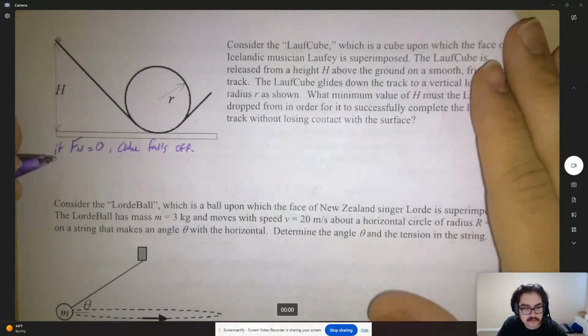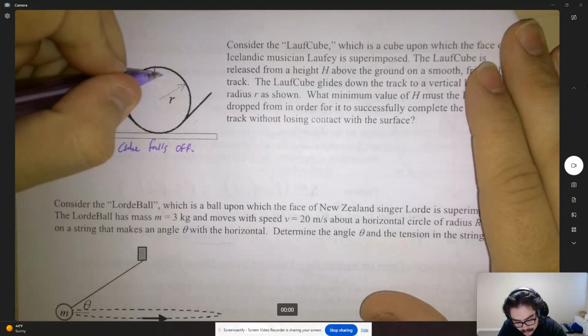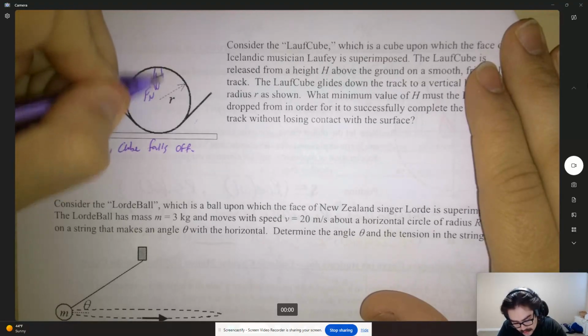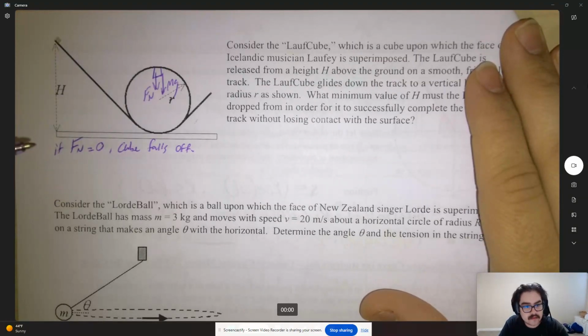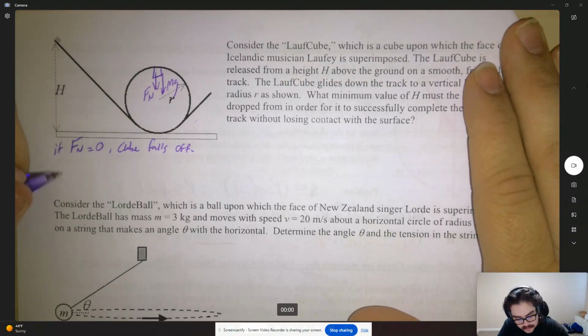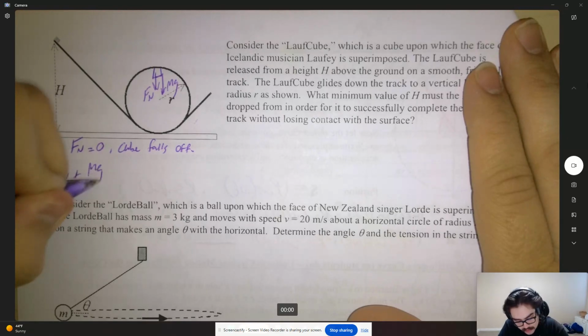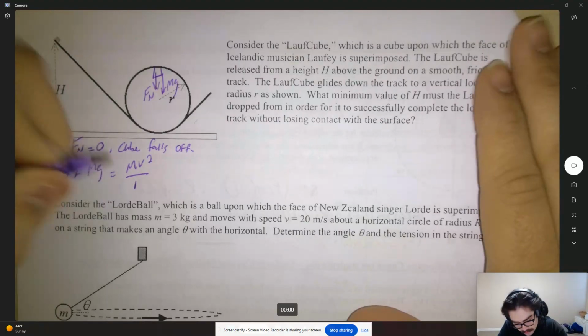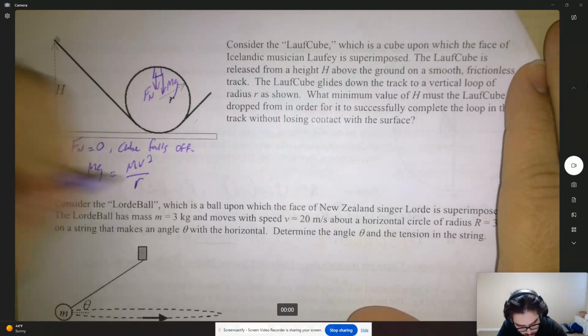When the cube is at the top, it's going to have two forces, normal force and mg, and those both together provide centripetal force. So normal force plus mg equals mv squared over r. The radius is lowercase r in this problem.